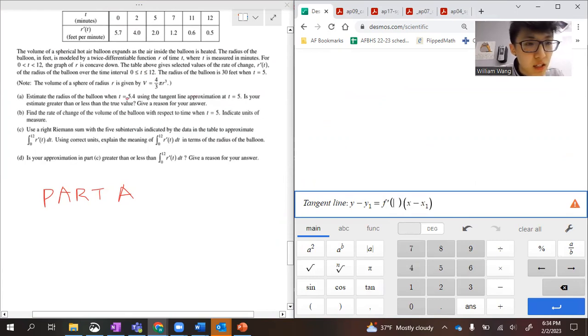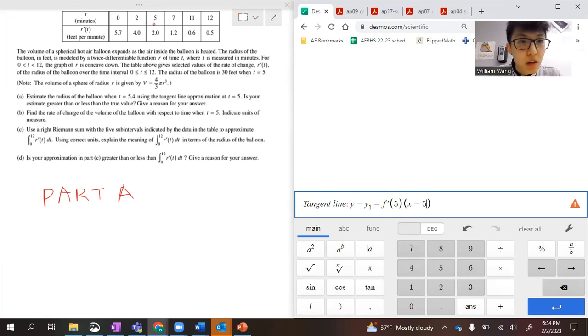The radius of the balloon when t equals 5, use the tangent line approximation at t equals 5. So f prime of 5, that's going to be my slope. Okay, cool. Let's see, what else do I know? At 5, well, my x value is going to be 5.